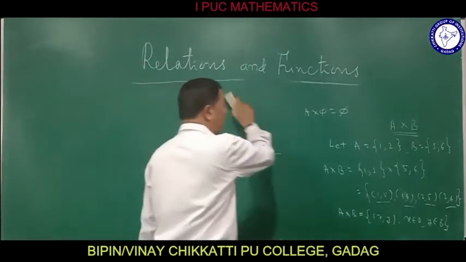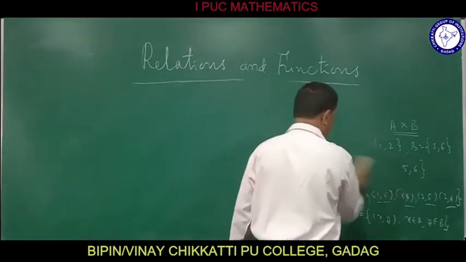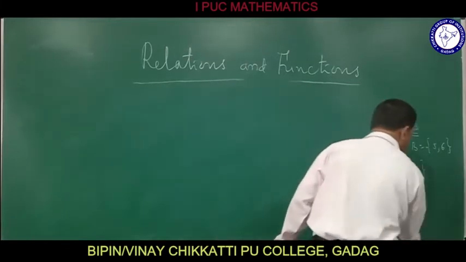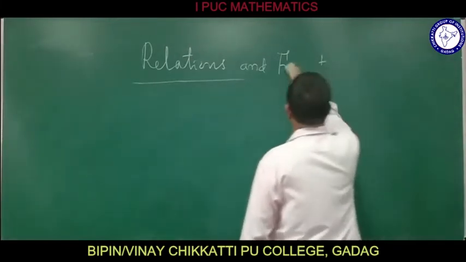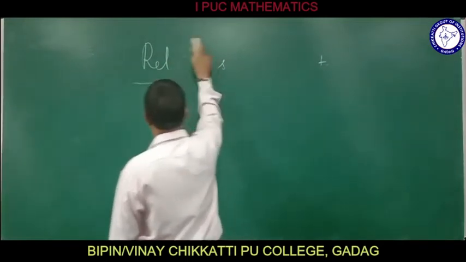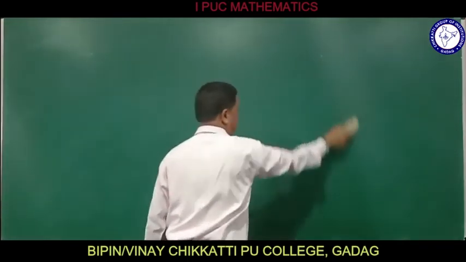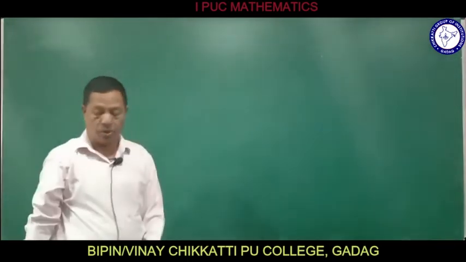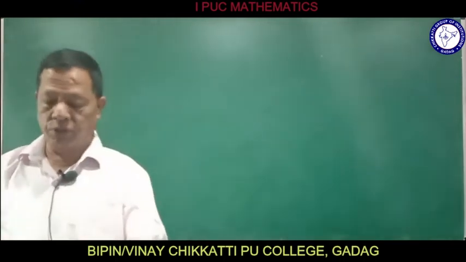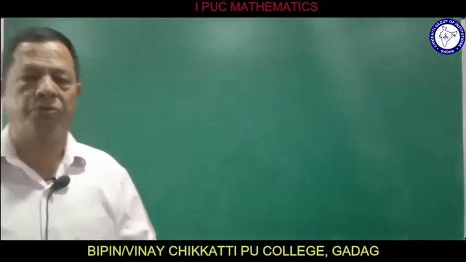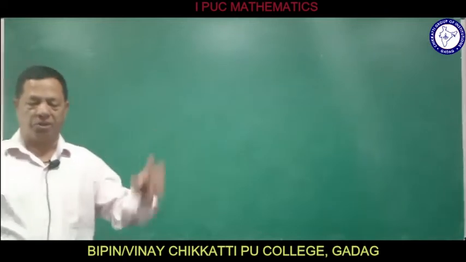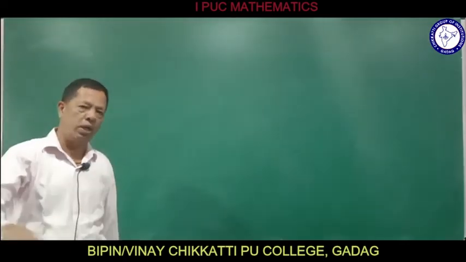Today I want to concentrate only on the Cartesian product and how we see the variety of sums. I don't want to discuss relations. The first exercise in the textbook will go through only the Cartesian product.